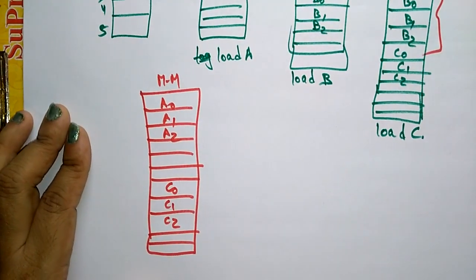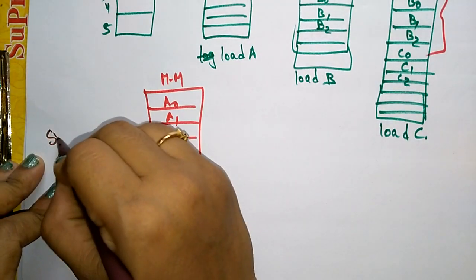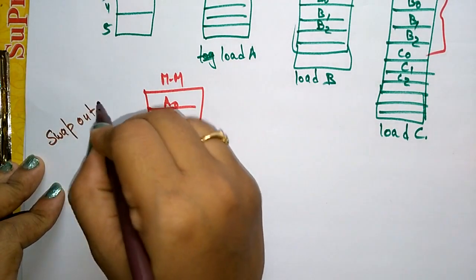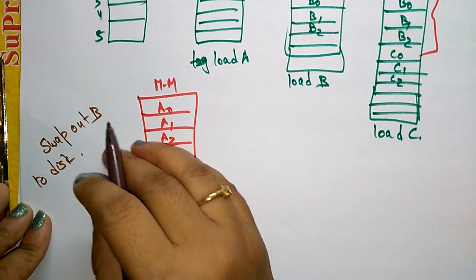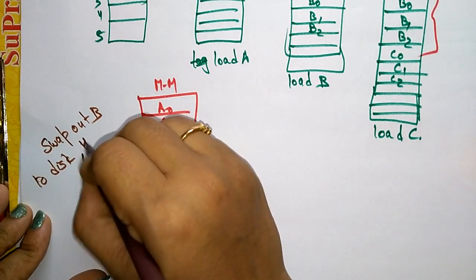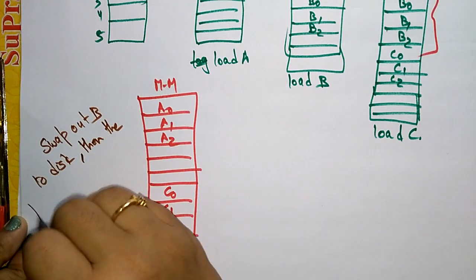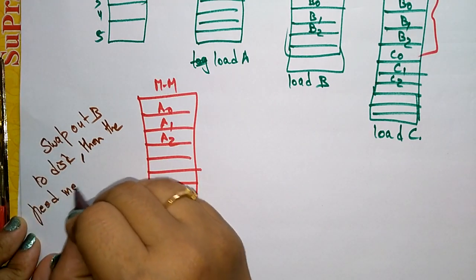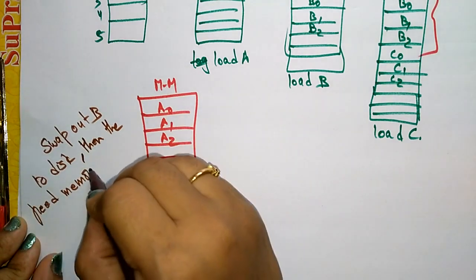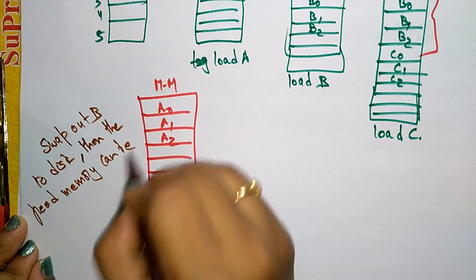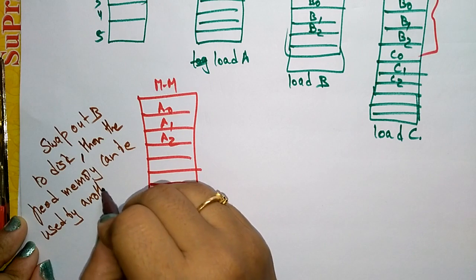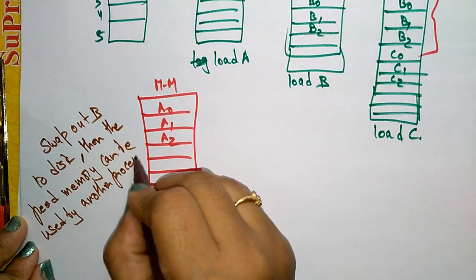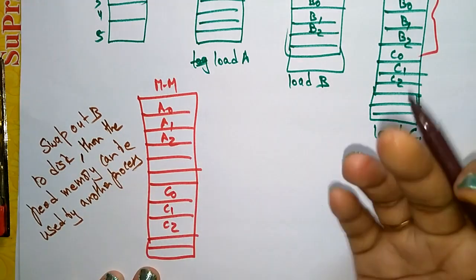So what I have done here is swap out B to disk, that is, to secondary memory. Then the freed memory can be used by another process.